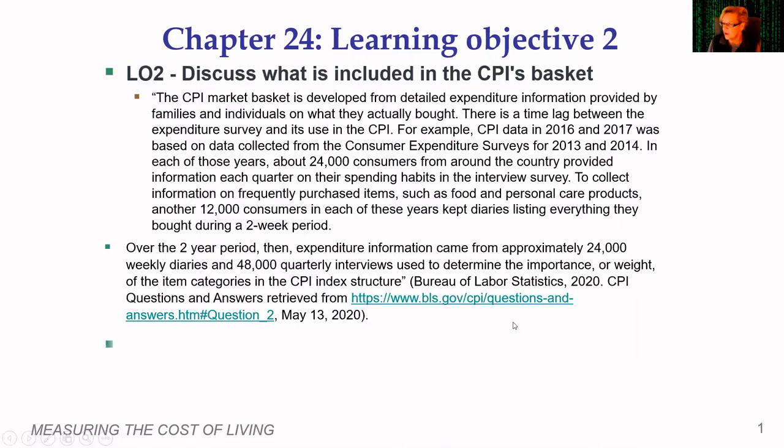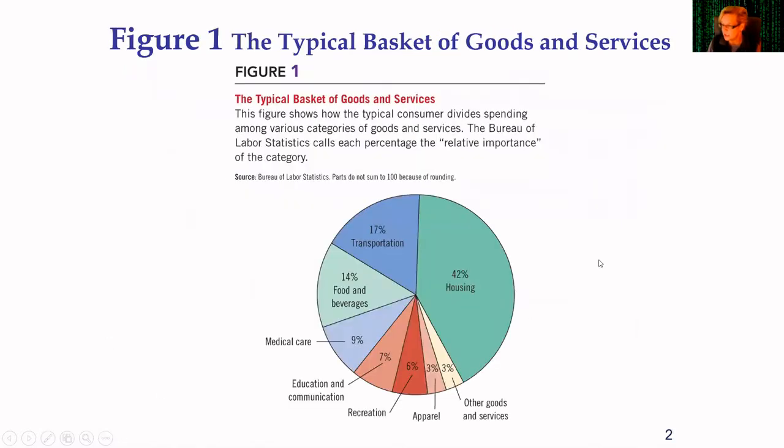It's about this thick, and I usually share it with students. Here's just a big, broad overview. And so here's the typical basket, and it kind of makes sense if you think about what people spend their money on. So housing, rent, or imputed value, mortgages, and so on. Food and beverages and transportation tend to be the three biggest.